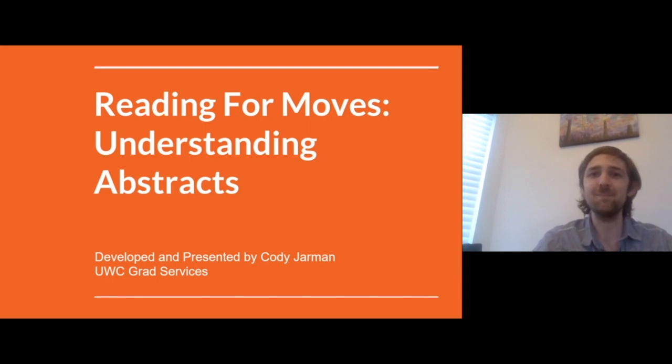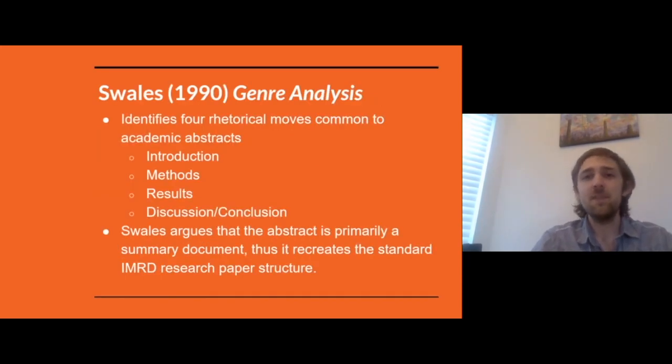So let's get started. To begin with, one of the foundational texts on the academic abstract, or really on academic writing in general from a rhetorical perspective, is Jonathan Swales' 1990 text, Genre Analysis. In this text, Swales forwards four main moves, rhetorical moves, that are generally made in abstracts.